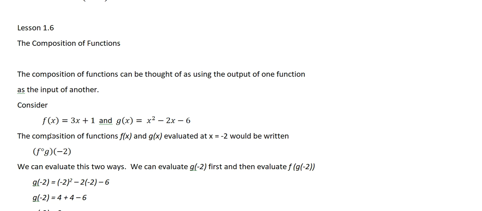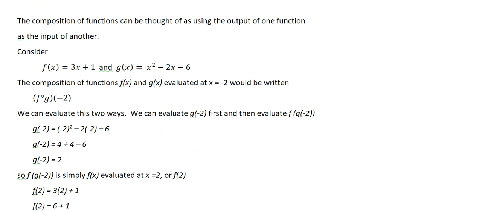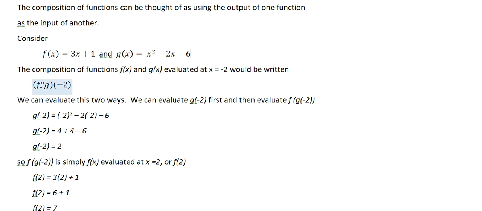We're going to consider two functions. f of x equals 3x plus 1, and g of x is equal to x squared minus 2x minus 6. Okay, the composition of two functions, the composition of f and g, or g into f, and we're going to evaluate that at minus 2.